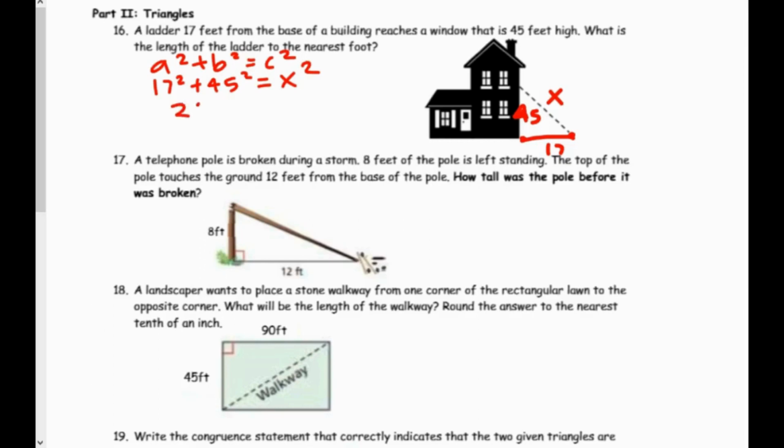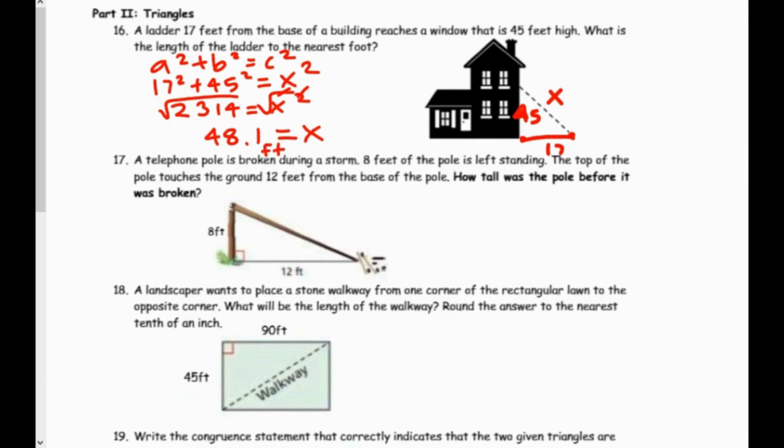I get 2314 equals x squared. And then my last step is to square root, 48.1. And my units would be feet. Not squared. We're not talking about area.